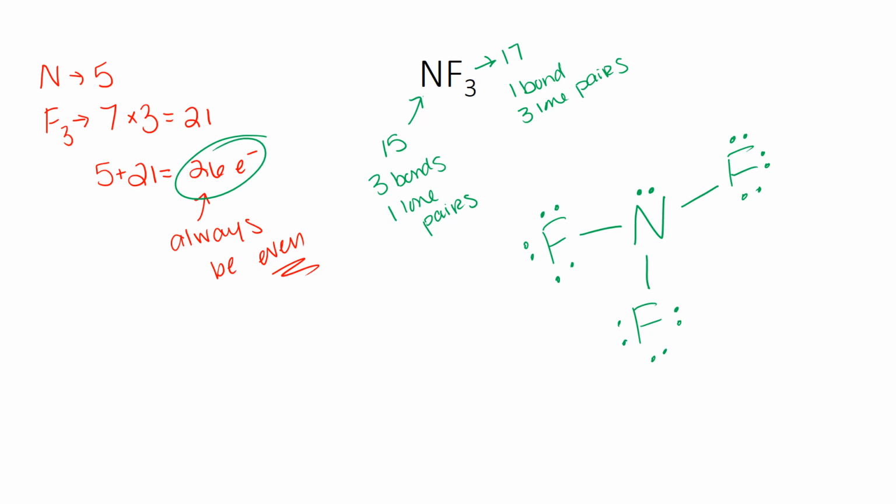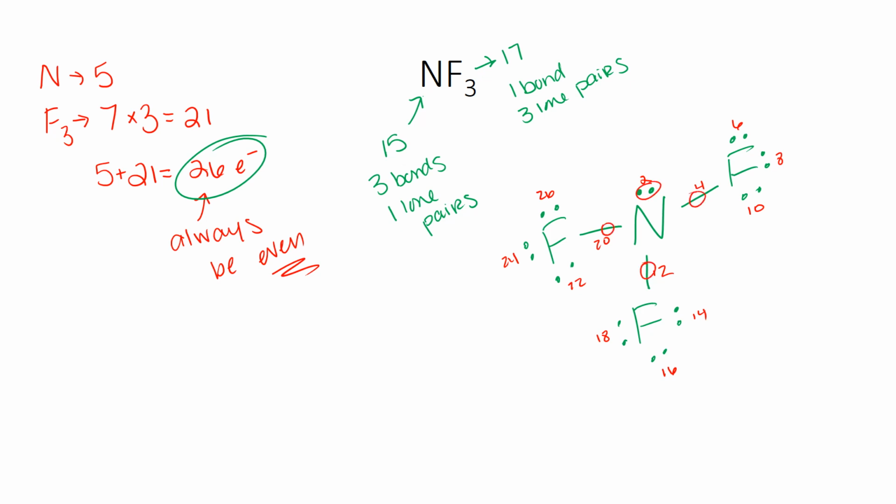26 electrons. 2, 4, 6, 8, 10, 12, 14, 16, 18, 20, 22, 24, 26. Whew, 26 electrons. Nitrogen has 2, 4, 6, 8 around it.